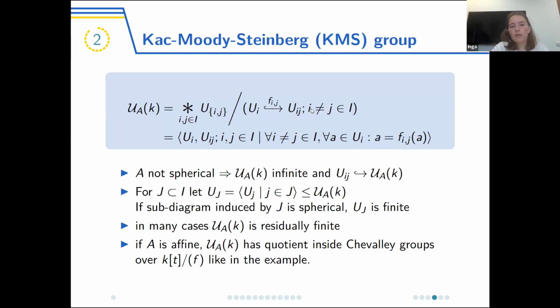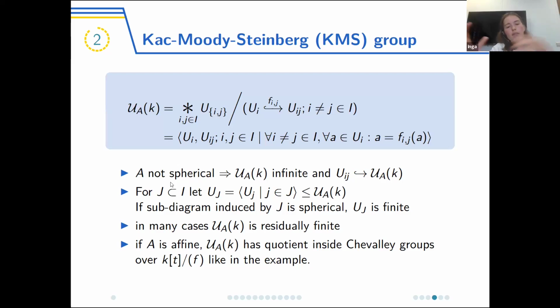So we get the group generated by the groups U_i and U_ij, with relations that identify an element of U_i with its image in U_ij. If the Dynkin diagram that we started with is not spherical, then the KMS group will be infinite and the U_ij embed into it. So it does not collapse, which is very nice.